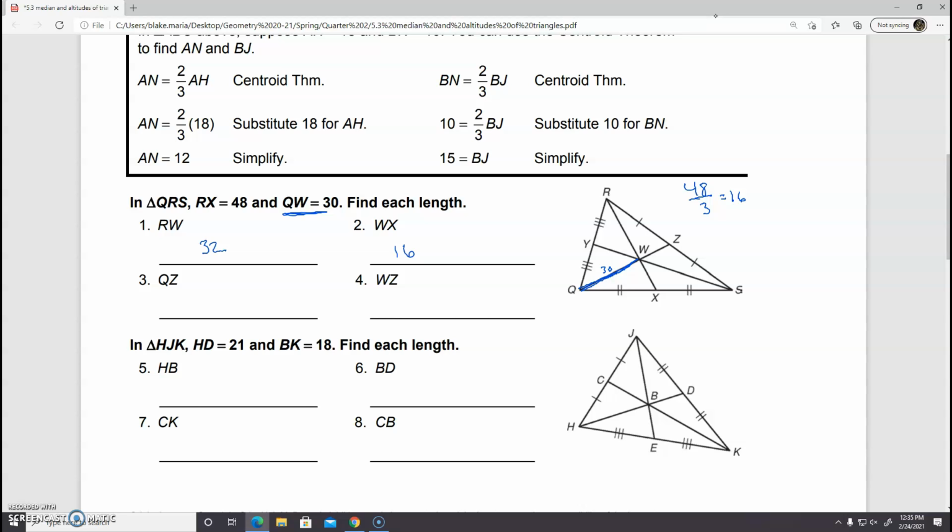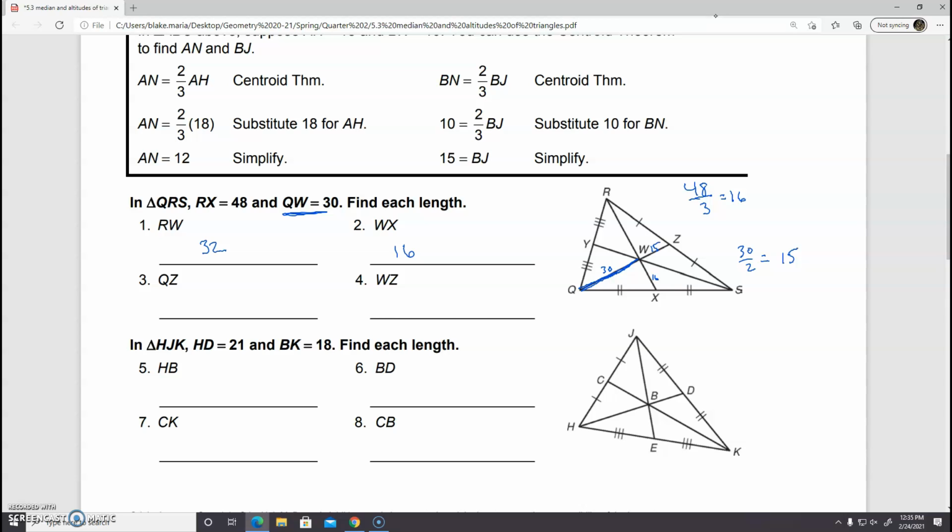If 30 is 2/3 and I just want 1/3, 1/3 would have to be half of that. Half of 30 is 15. Just like when 1/3 was 16, 2/3 was double that, 32.